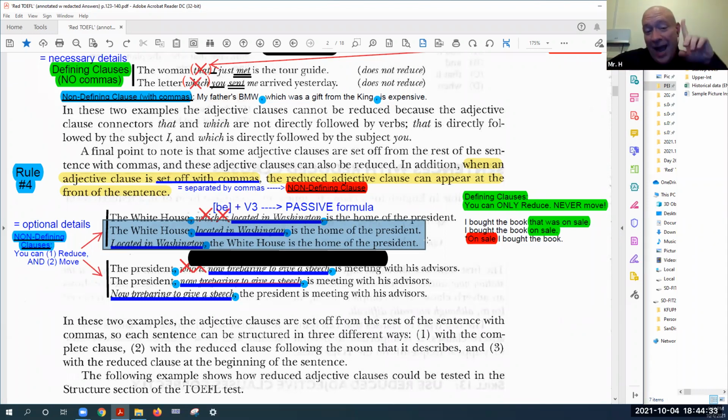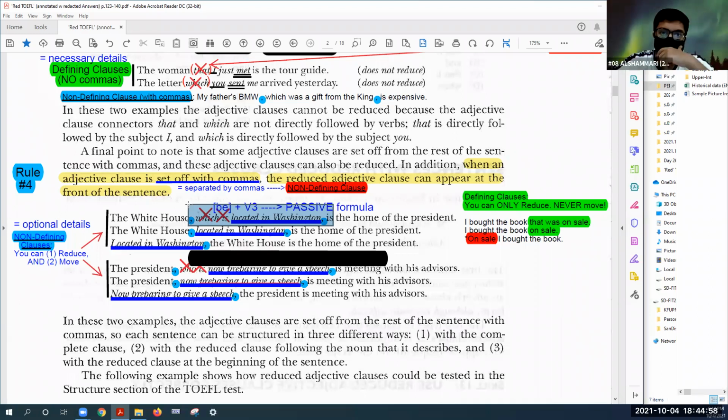Okay? Now, can I do this with the full clause? Can I move the complete clause to the beginning? I think yes.